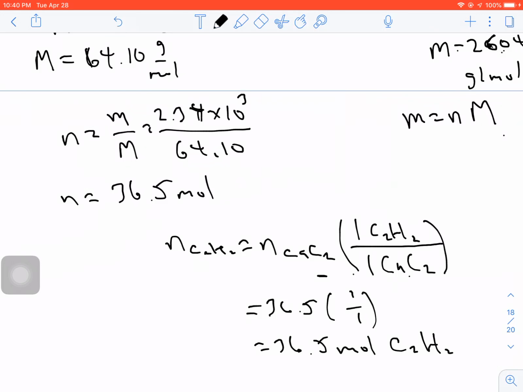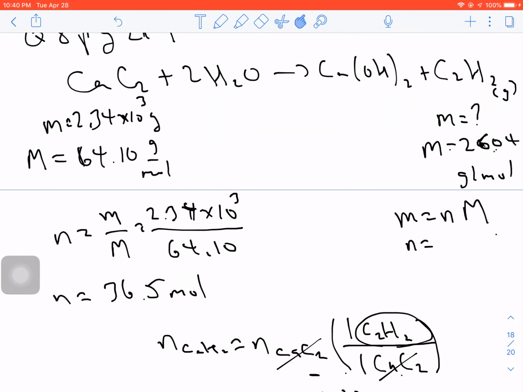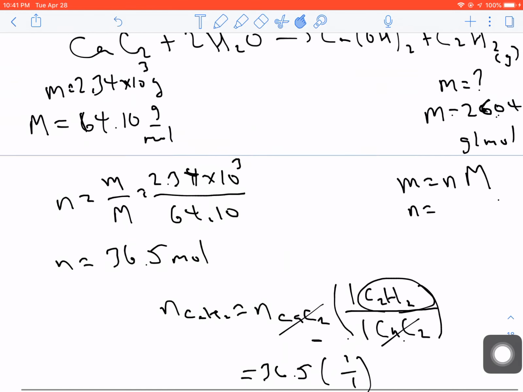Notice that the calcium carbide in the numerator and the calcium carbide in the denominator disappeared, and I'm left with an answer which is in moles of acetylene. So now I know my number of moles of acetylene. Let me just scroll up here a little bit. Right now I know for acetylene, I know the number of moles. It is 36.5.